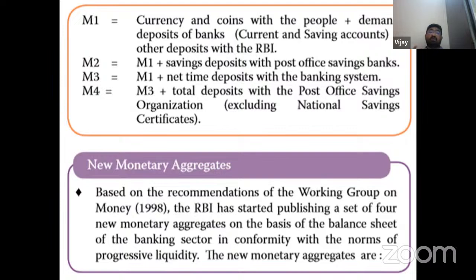We call it narrow money. M1 will be called narrow money, whereas M3 will be called broad money, because it includes time deposits. That means immediate liability as well as liability that has a time span, for example, a fixed deposit maturing after 3 years.